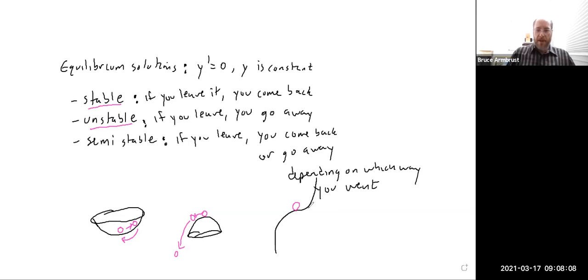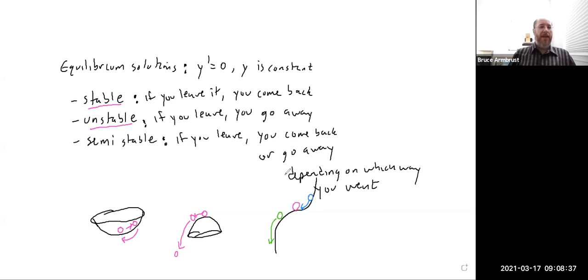What's going to happen to it when I move it depends which way I move it. If I move it up here, it's going to roll back down to where it was before. So on that side, it's behaving as if it's stable. If I move it the other direction, instead of rolling back to where it started, it's going to roll off on down.